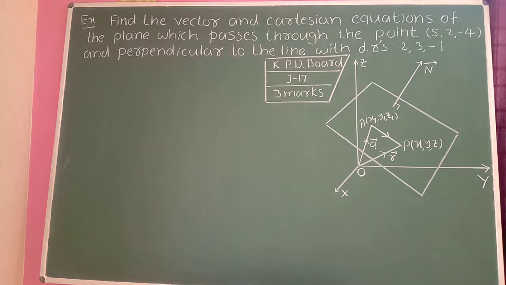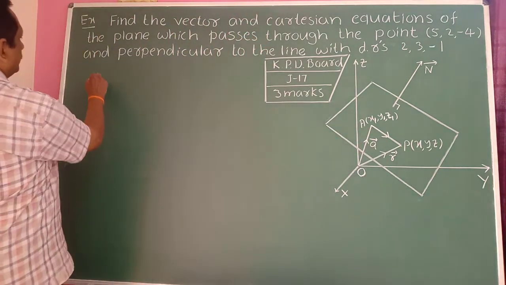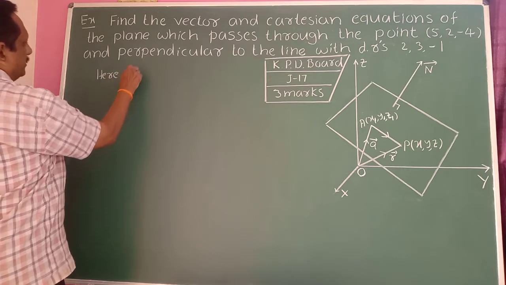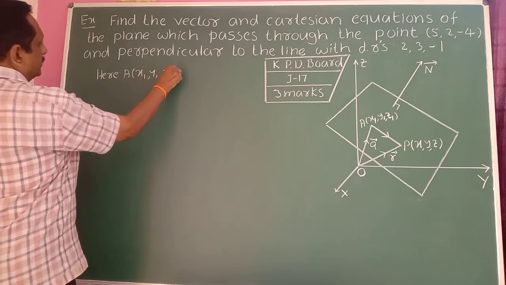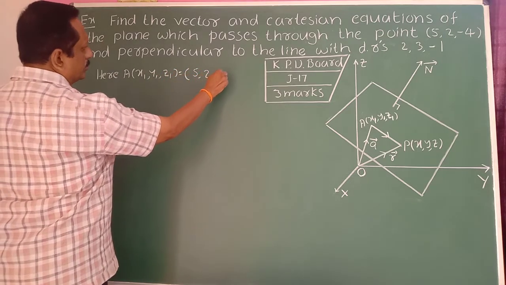Find the vector and Cartesian equation of the plane passing through the point (5, 2, minus 4) and perpendicular to the line with direction ratios 2, 3, minus 1. Here they have given this point. So A (x1, y1, z1) is equal to (5, 2, minus 4).